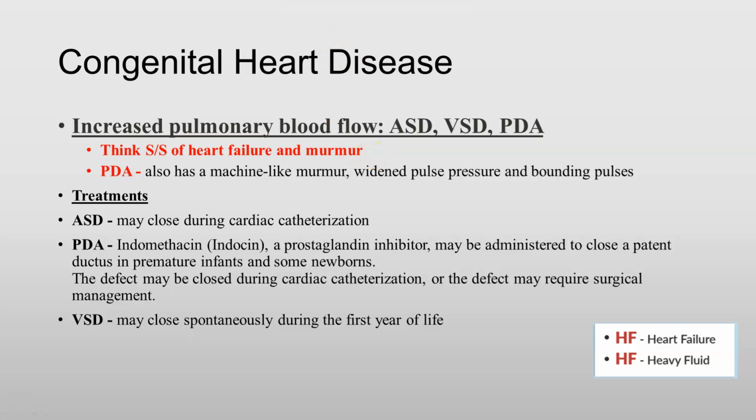The only difference here that we're pointing out is if it's a PDA, it's not a routine murmur, it's a machine-like murmur. And then with the PDA, we had widened pulse pressures, so we have changes in our blood pressure with bounding pulses. So PDA has 3 letters, but it also has 3 specific things: machine-like murmur, widened pulse pressures, and bounding pulses.